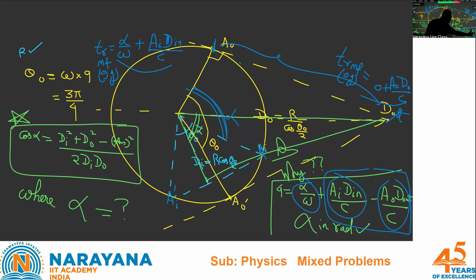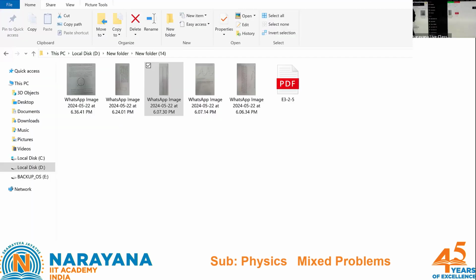I think these distances are fine from the geometry. This term is fine. So this will help you calculate alpha. Substitute alpha here, get your answer. Those individual yellow and blue triangles are known to us, and I have already depicted the value of alpha in that diagram.